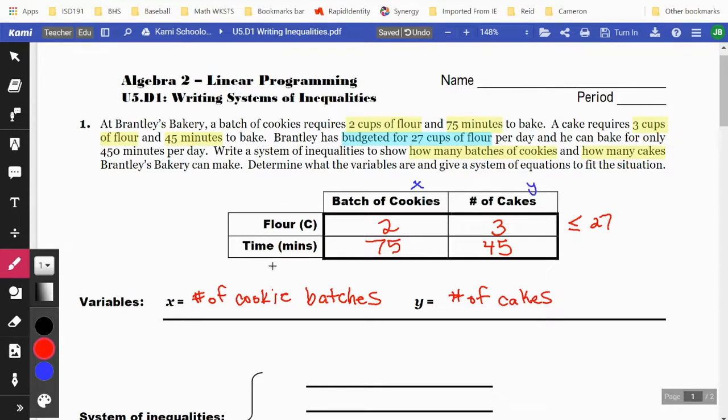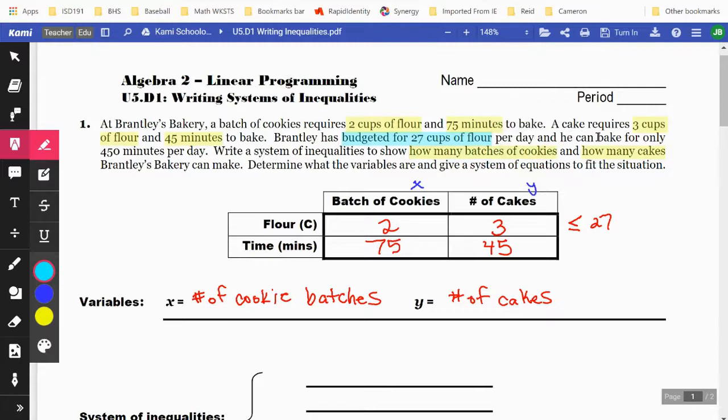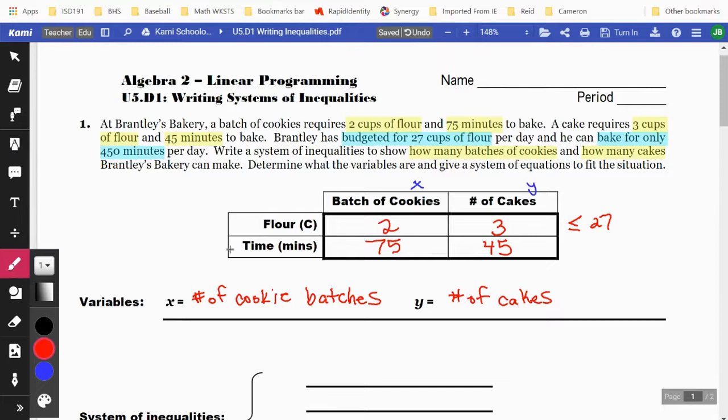Now let's look at the constraint, or a limit, on the amount of time that Brantley has. It said that Brantley can bake for only 450 minutes per day. That's a constraint on how much time he has available. So if it takes him 75 minutes to bake a batch of cookies and 45 minutes for every cake, we know that he can use less than 450 minutes of baking time.